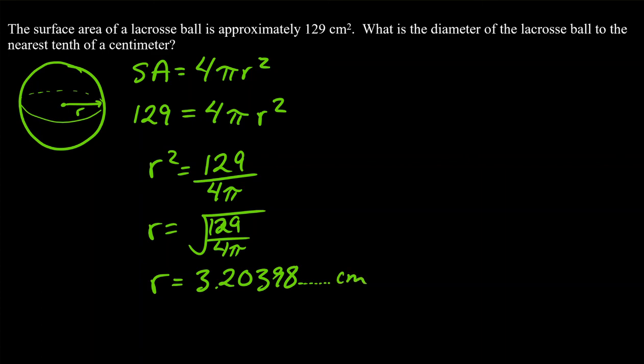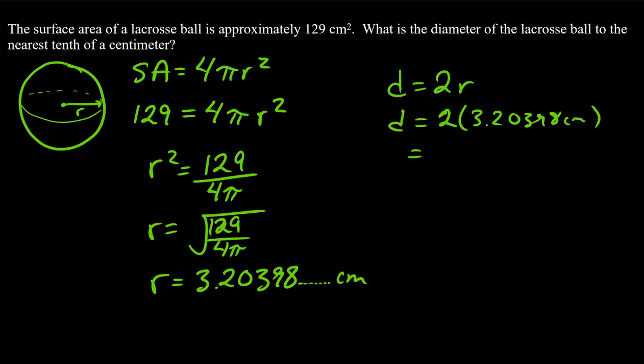So if I take this value, I know I'm carrying enough digits. We want the nearest tenth, but I'm carrying enough digits. So the diameter is twice the radius, not pi. So twice 3.20398 centimeters.